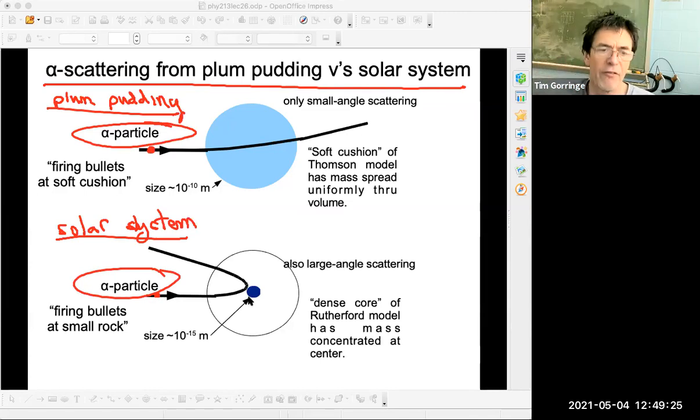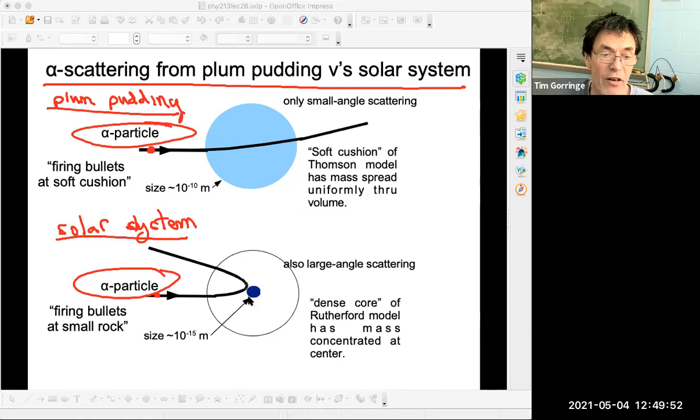And the way I think of this is that the plum pudding has its mass distributed throughout the atom. And it's like firing bullets at a soft cushion. Whereas the solar system atom has its mass all concentrated at the core.